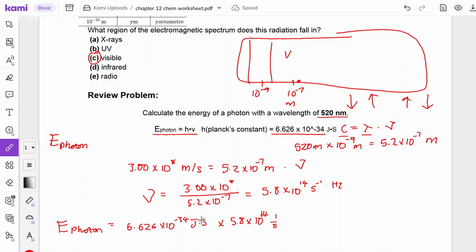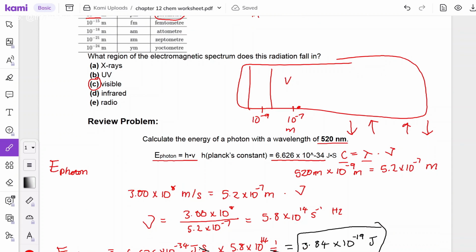The seconds cancel out, and you're left with an answer in the units of joules: 3.84 times 10 to the negative 19 joules, energy in joules.